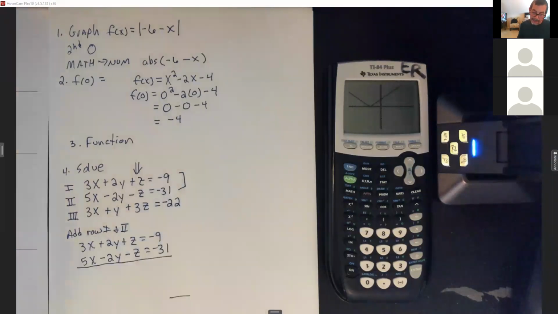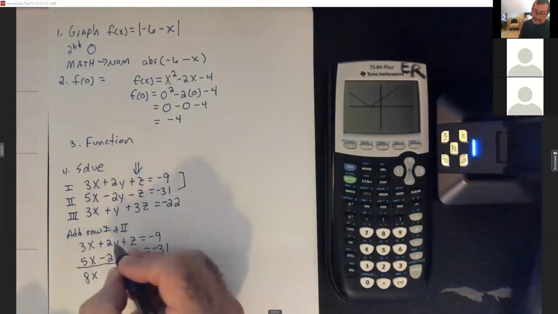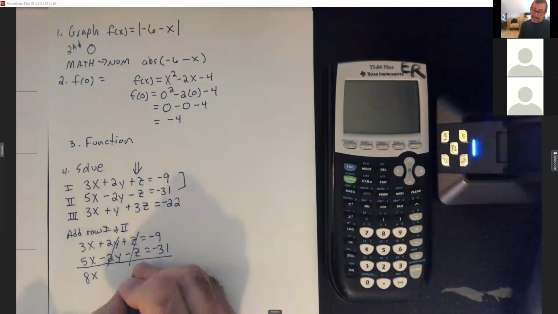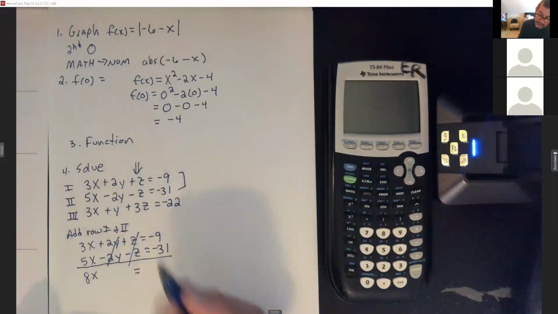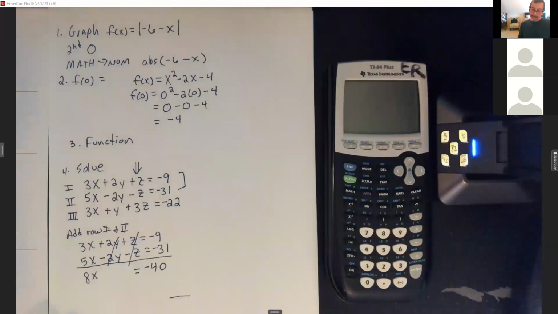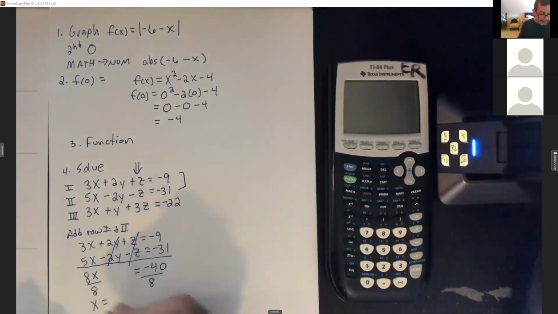So what's nice about this, 3 plus 5 give me 8 x's. The y's cancel. The z's cancel. And on this side, -9 and -31 is what, a -40. All right, so that's pretty cool because I got a single variable, which now if I divide by 8 on both sides, I know for sure that x is -5.